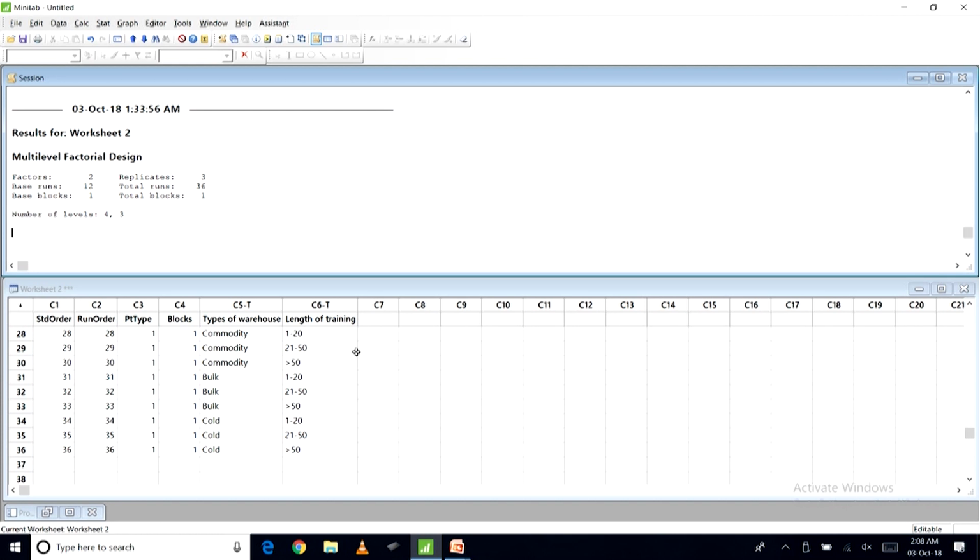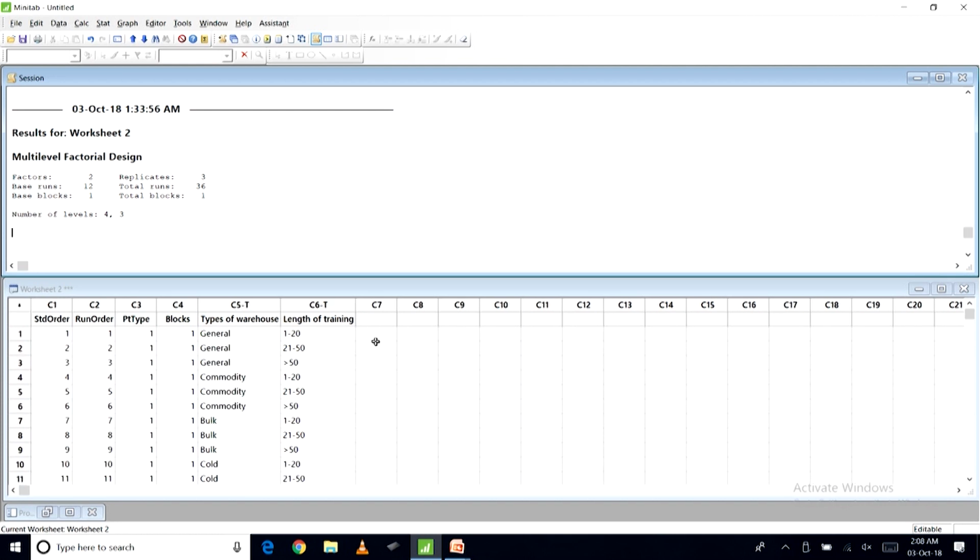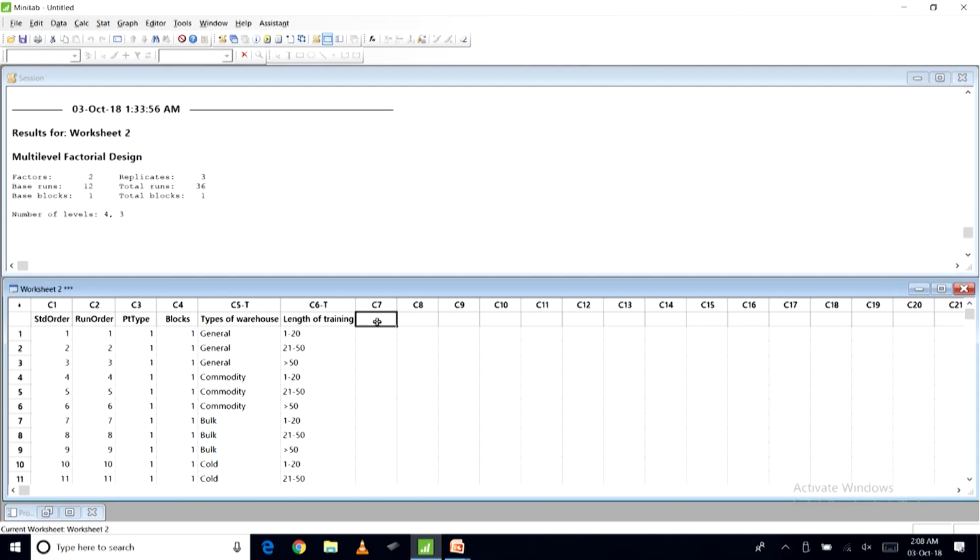Now, this is how you have designed your experiment, and now the point is you have to write your response variable, right. So, this is your response, or absenteeism, right. So, first warehouse general, length of training session is the shortest duration, then medium duration and longest duration.